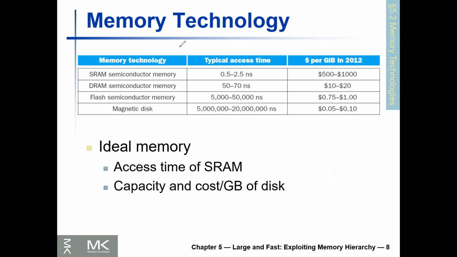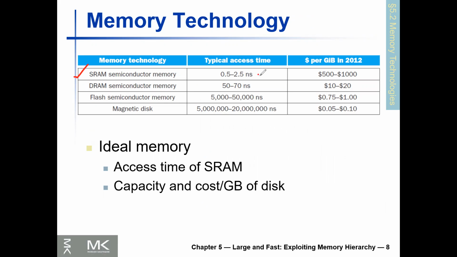This is just to let you know why the cache is very small. The reason is that the technology used to design the cache is SRAM, a semiconductor memory, which is very advanced and very expensive.